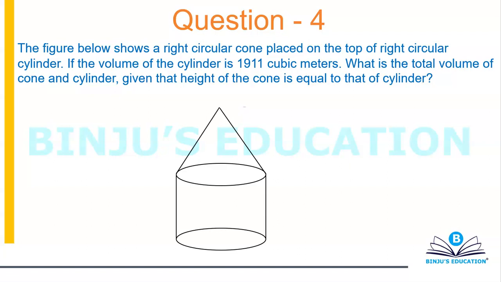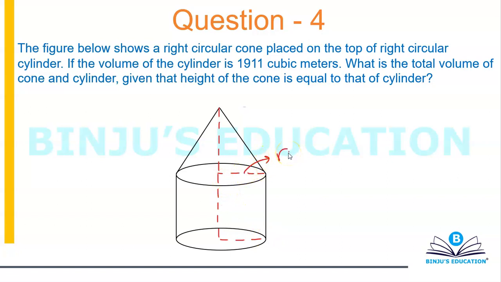The figure below shows a right circular cone placed on top of a right circular cylinder. The volume of cylinder is 1911 cubic meters. Okay, so we can consider the radius to be r.